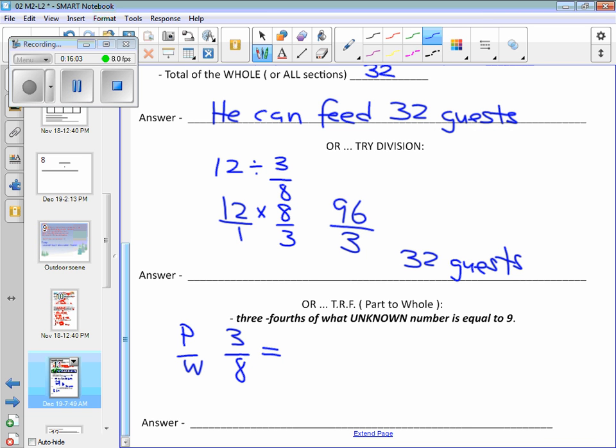That 12 is a part, trying to figure out the amount of people, which is the whole. Laura. You're going to times by 4 and you're going to get 32. You got it. Times 4 will work. Do the same to the bottom, and you get 32 peeps.